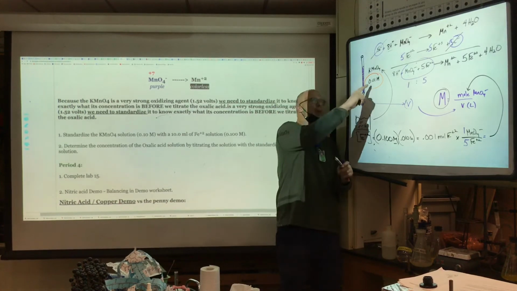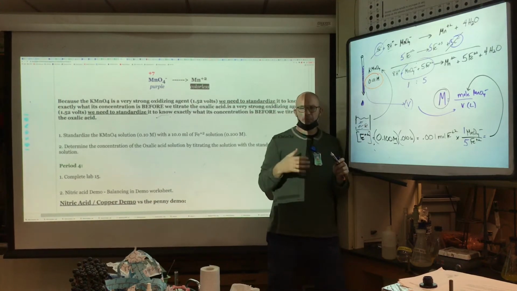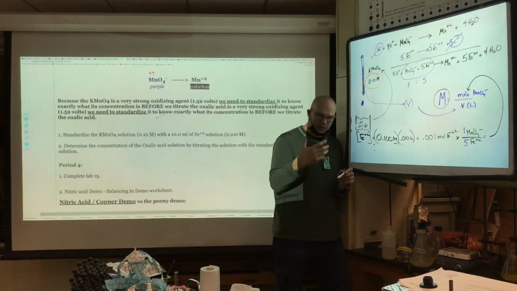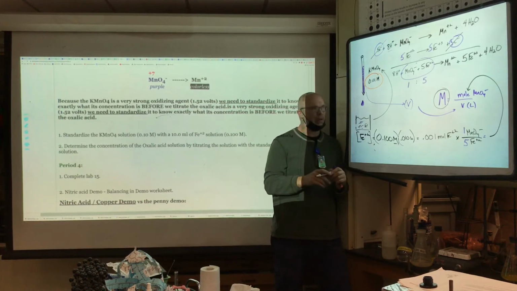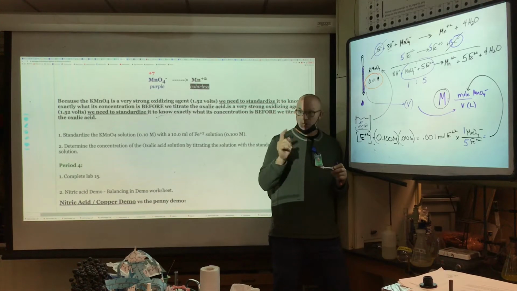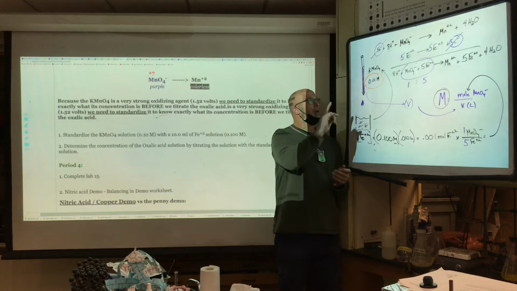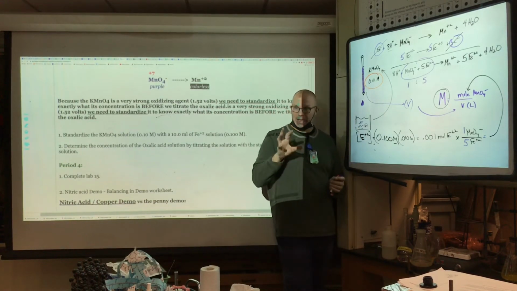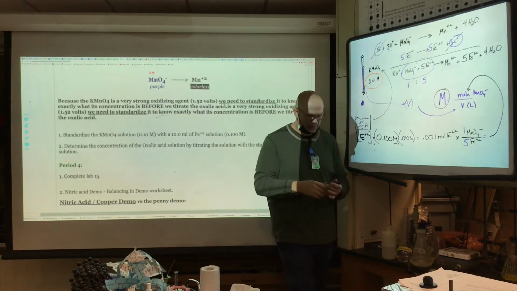I made carefully 0.01 of potassium permanganate. It's reactive. It's going to react in the air. It's going to be a little bit less. So what we're going to do now is this titration. And we're going to solve for the actual concentration of the permanganate. Once I have that, I can use that for the second titration.